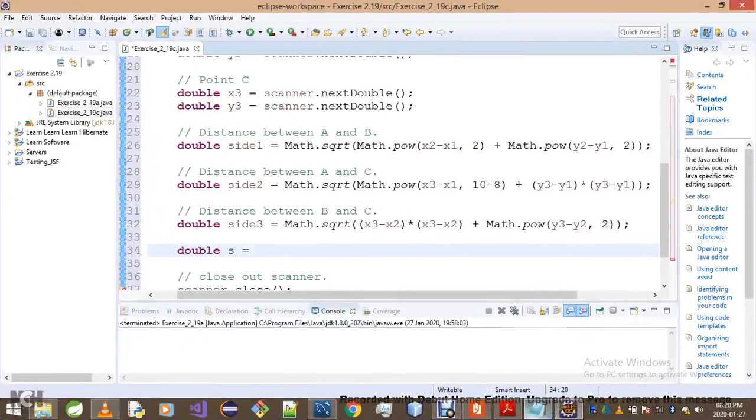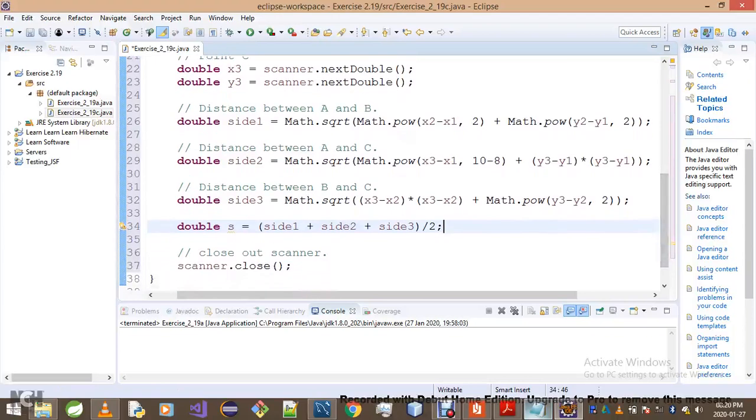So how do we get s? We simply add the three sides. Side 1, why can't I type the word side? Side 1, side 2, and then side 3. Divide the whole thing by 2. Of course, you end it with a semicolon.